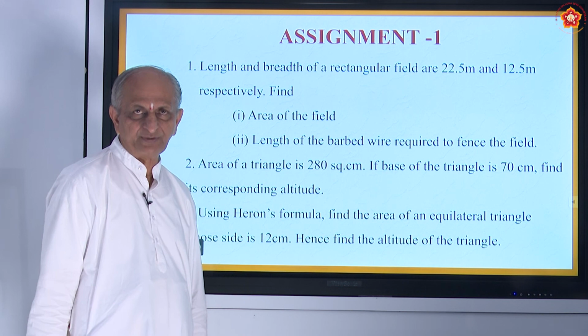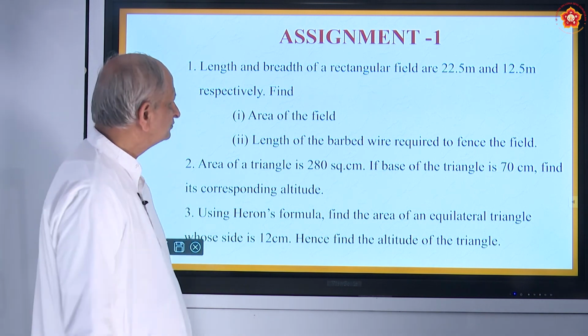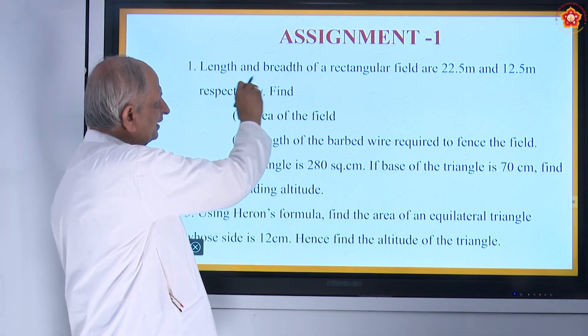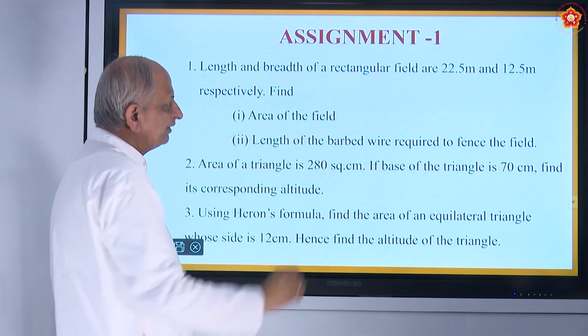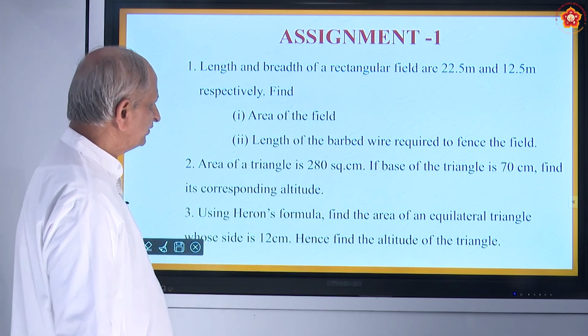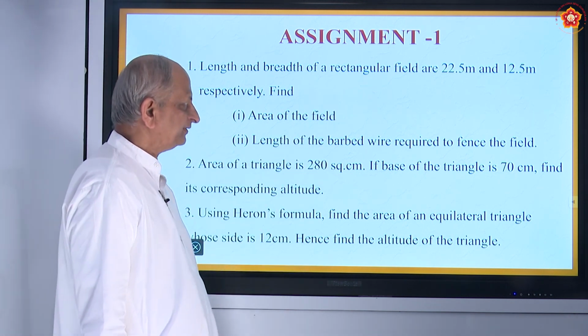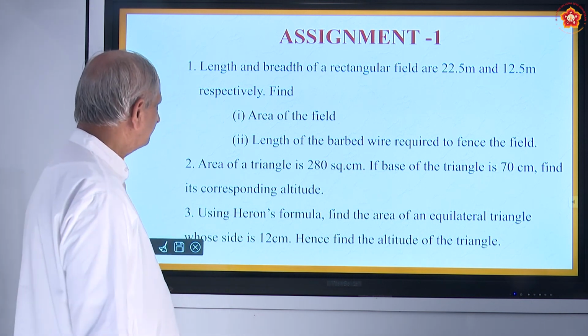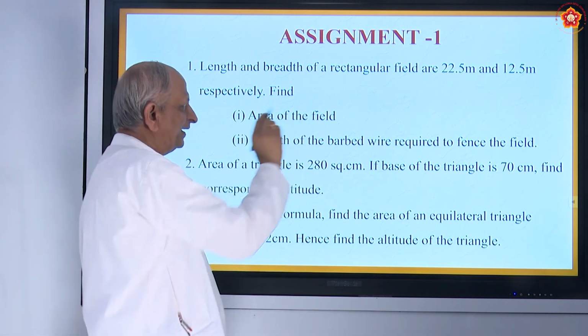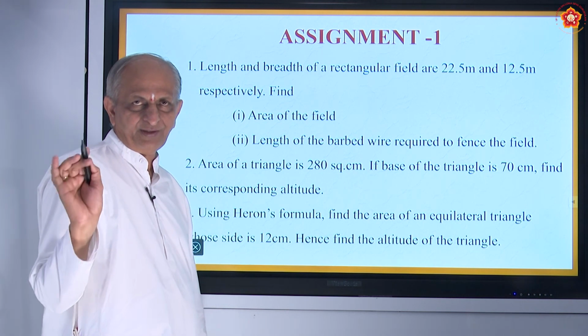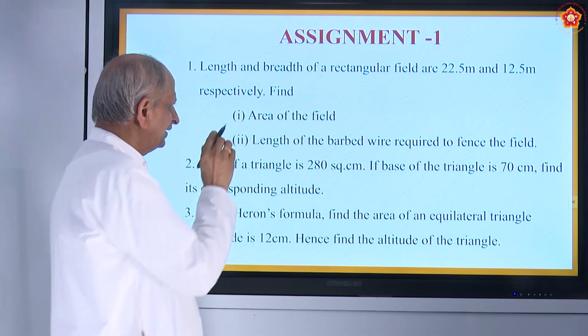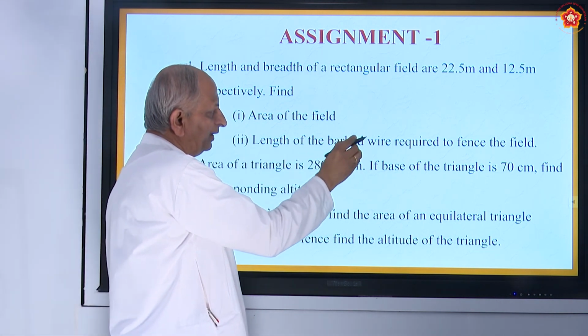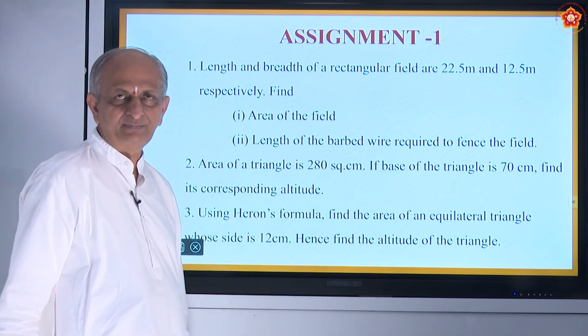Now let us see some of the assignments. You have to write the answers for this. Come prepared. The length of a rectangular field is 22.5 meters and breadth is 12.5 meters. Find the area of the field. Direct question. A is equal to L into B. Length of the barbed wire required to fence the field. Means what?